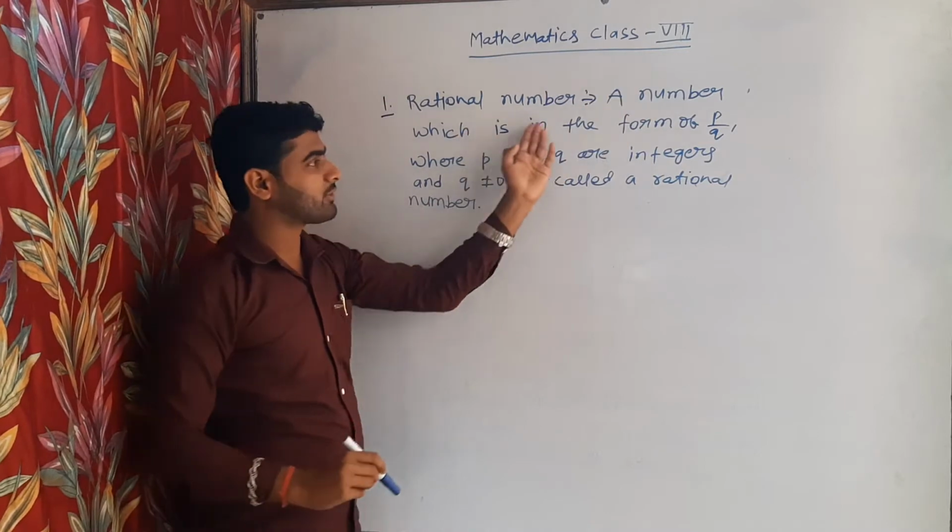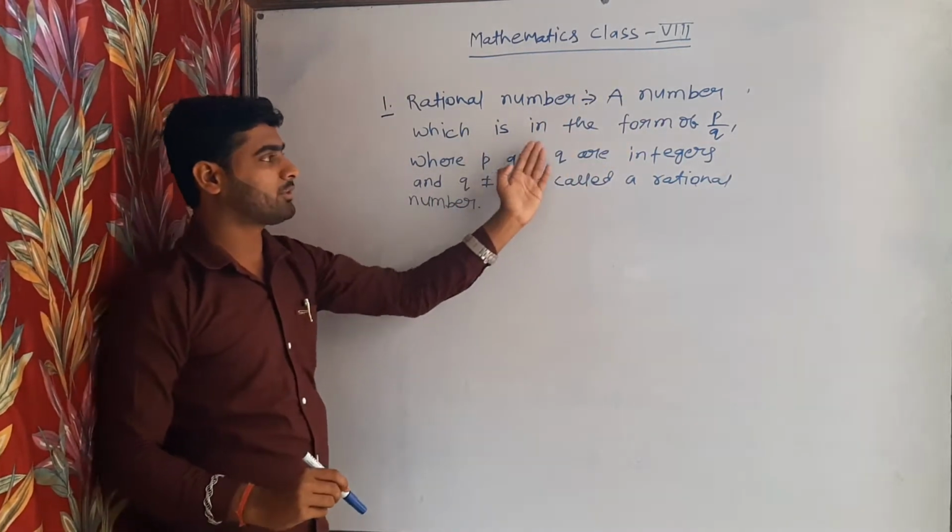A number which is in the form of P by Q, where P and Q are integers.